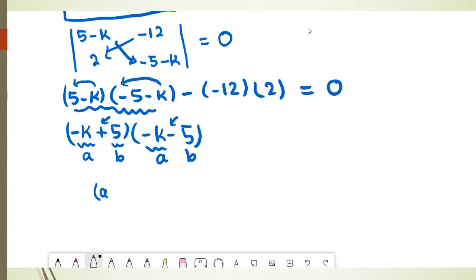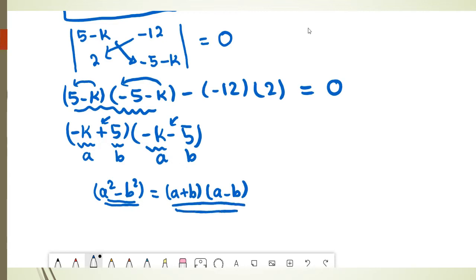When we get this, we recall a squared minus b squared is equal to a plus b multiplied by a minus b, the difference between two squares. So all we can do is write this instead of this notation. Instead of this part, we will replace it with this part.